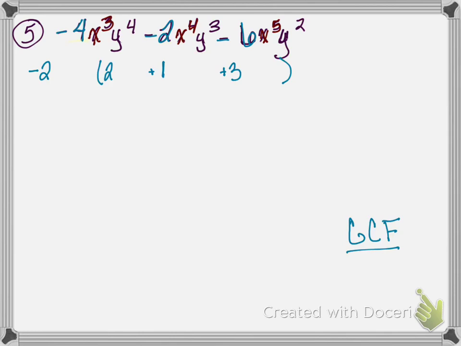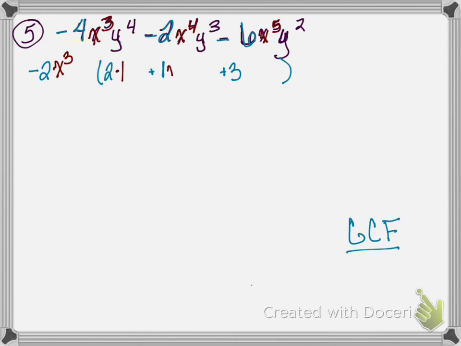So we're going to focus on that x to the third. That's my lowest exponent. Okay? So I have x to the third can come out of all of them. X to the third times what gives me x to the third? 1. Be careful not to say 0 there, because x to the third times 0, what is that? 0. Okay, so it is x to the third times 1. X to the third times what gives me x to the fourth?